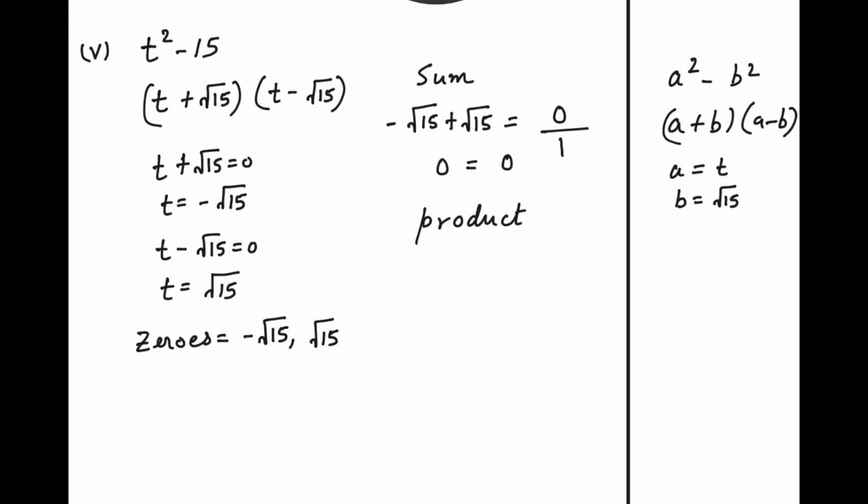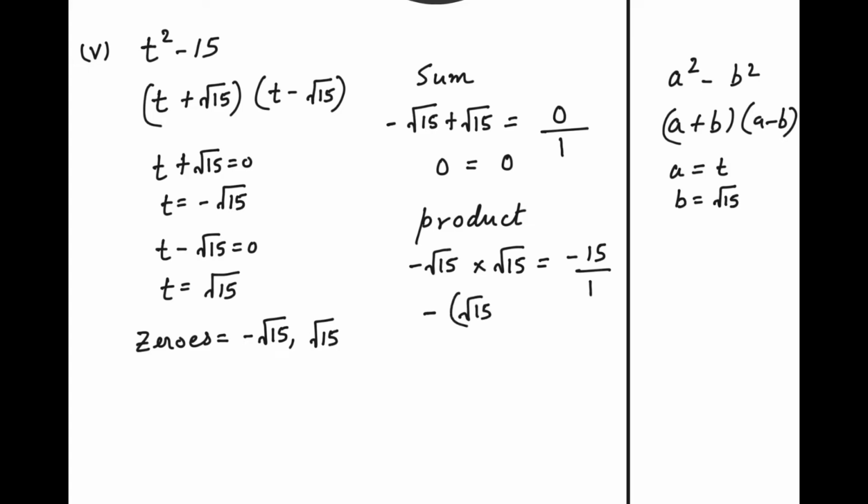So the product of the two zeros is minus square root of 15 into square root of 15, and this should be equal to the constant term, which is minus 15, divided by the coefficient of t square, which is 1. So minus square root of 15 into square root of 15 would become minus square root of 15.